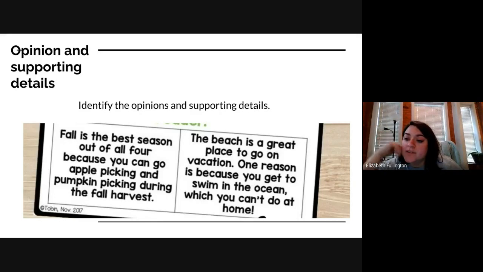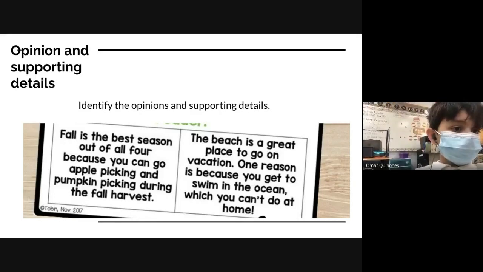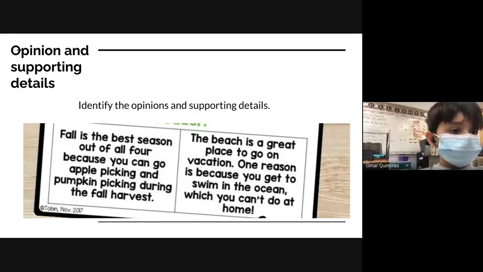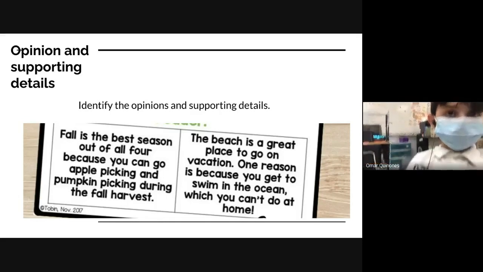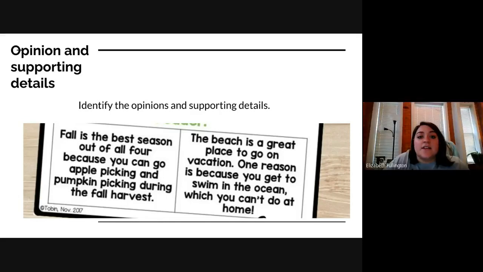Because why? You can go apple picking and pumpkin picking during the fall harvest. Yes, definitely. Okay. So it says right here, just exactly what Omar said. It's because apple picking and pumpkin picking are really good for the harvest time.